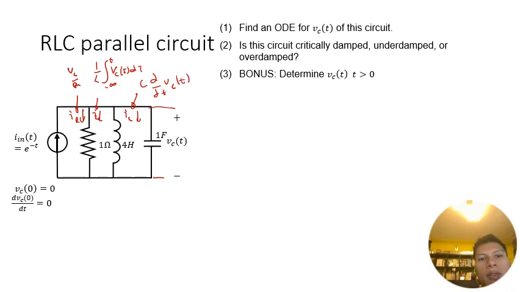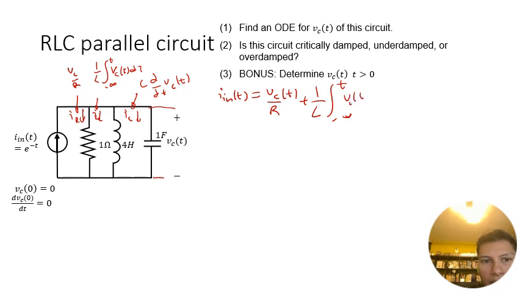So we can write all 3 currents in terms of the voltage across the capacitor. So that's what I'm going to do right now. I have I_in(t) equals Vc(t) over R, plus 1 over L times the integral from -infinity to t of Vc(tau) d tau, plus C d/dt of Vc(t). And remember, whenever we have an integral, we have to take the derivative to get rid of that integral.